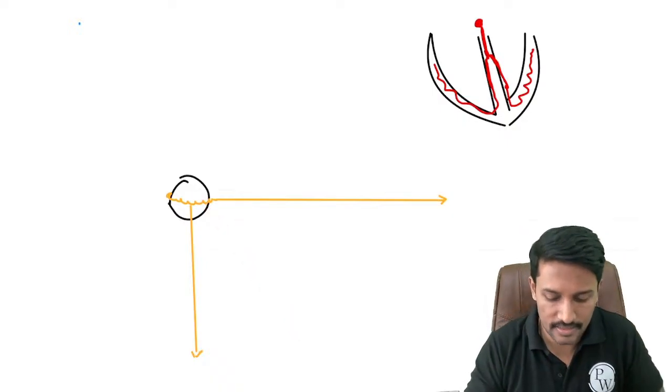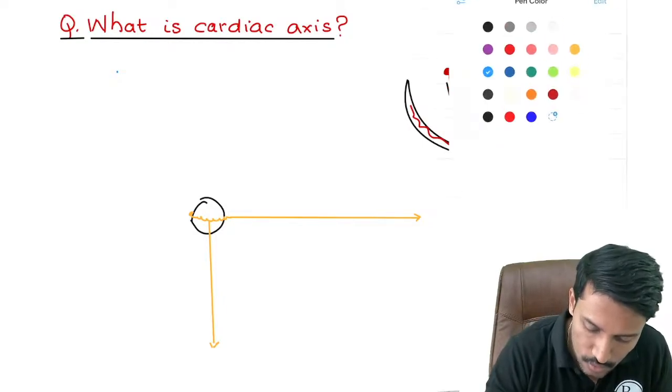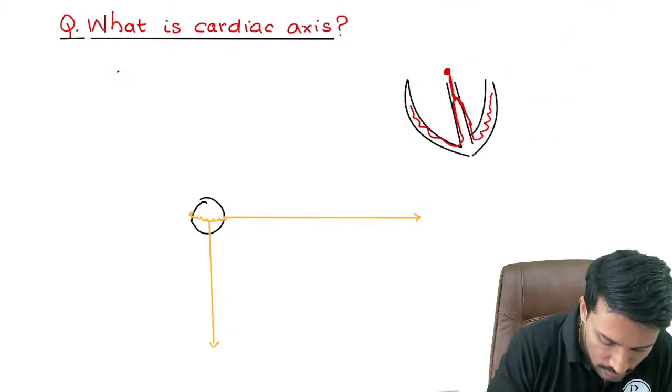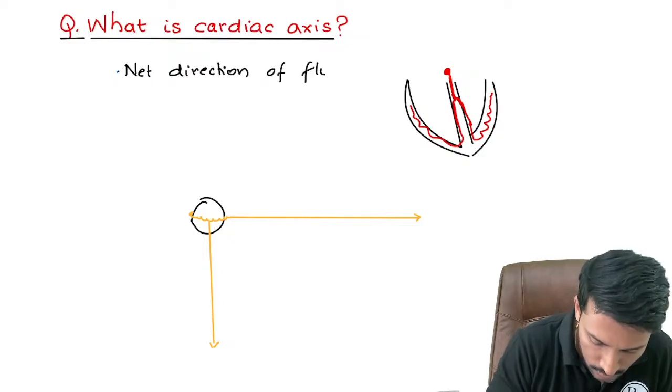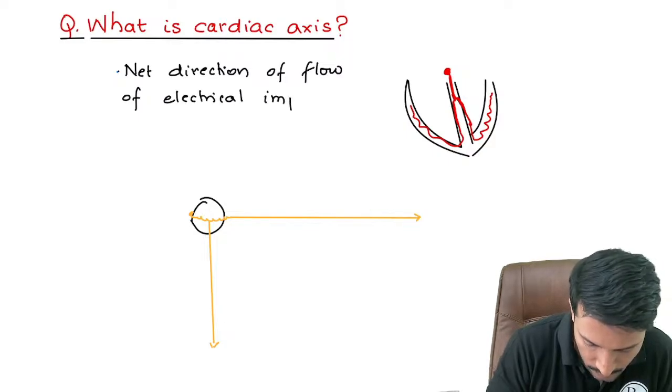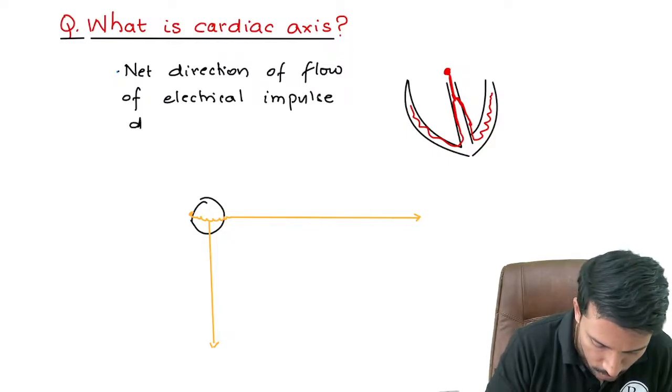So what is the cardiac axis? Cardiac axis refers to the net direction of flow of electrical impulse during cardiac cycle.